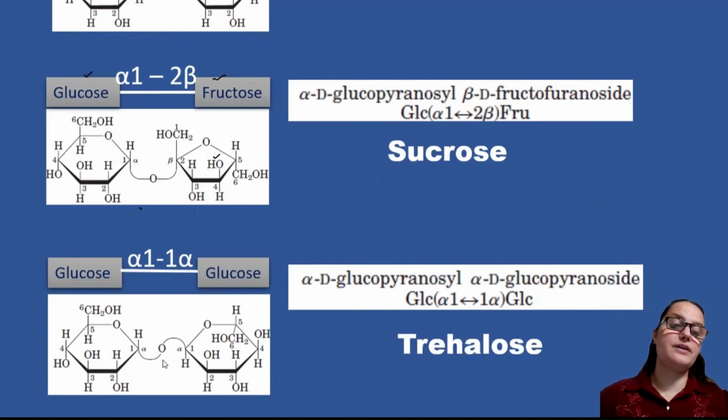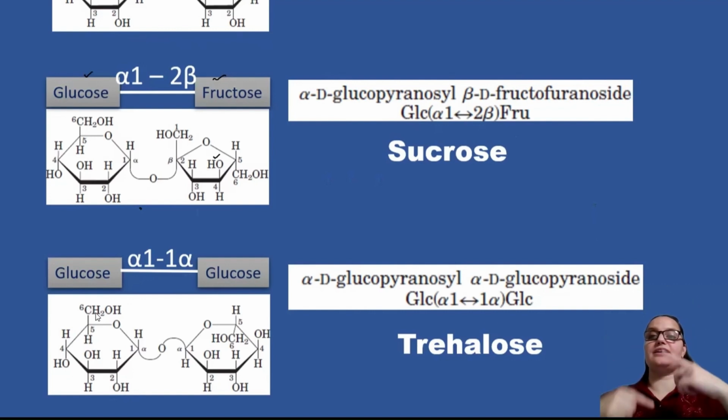So over here, both are alpha first of all, and this is a normal glucose unit. Carbon number 2 and carbon number 4, the hydroxyl group is present downwards. Carbon number 6, it is upwards. Right now, on this glucose, everything is flipped. Whatever is upwards on the first glucose, on the second glucose, after getting flipped to form the bond, everything has been flipped horizontally as well as vertically.